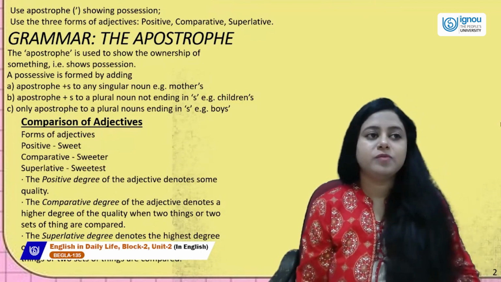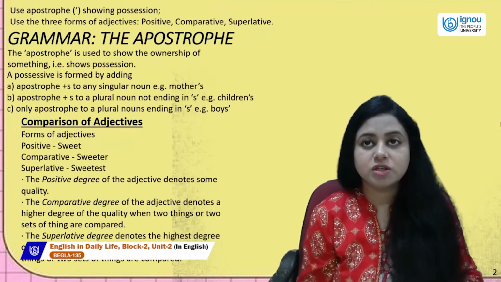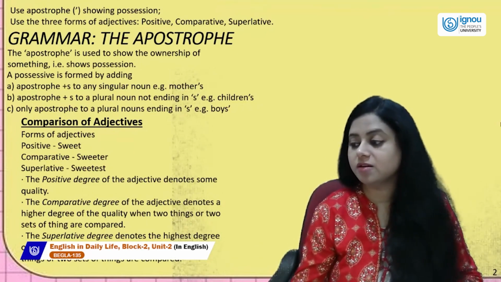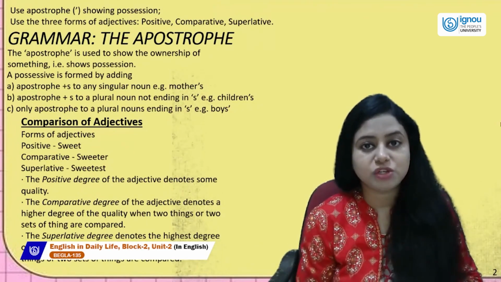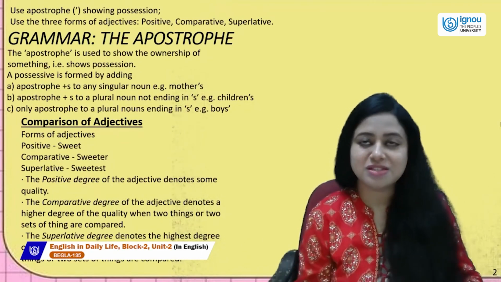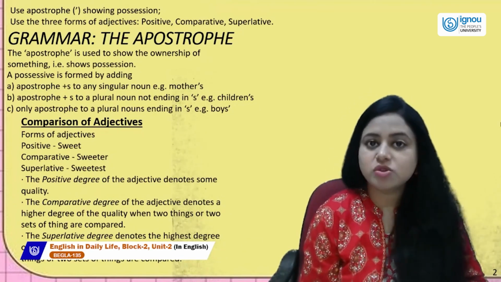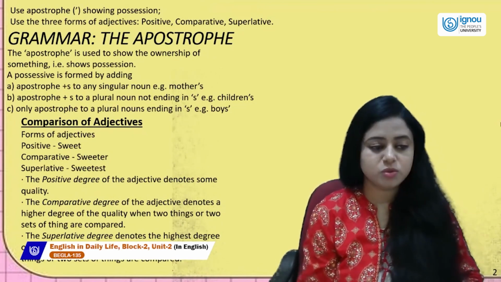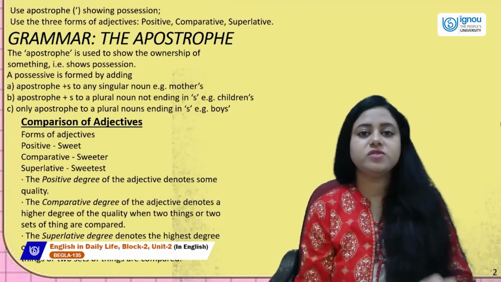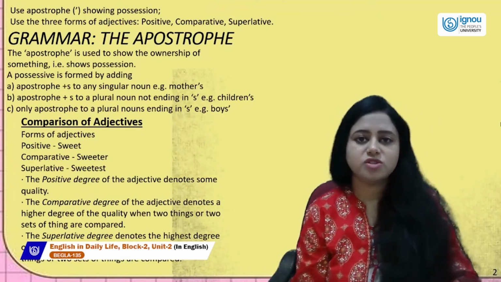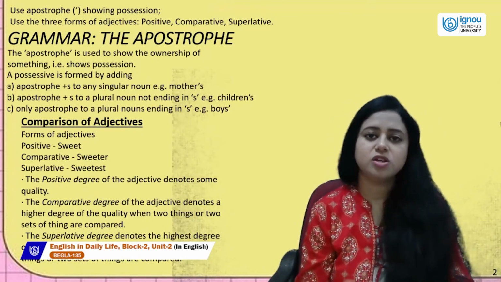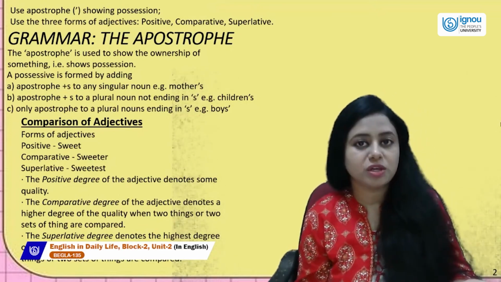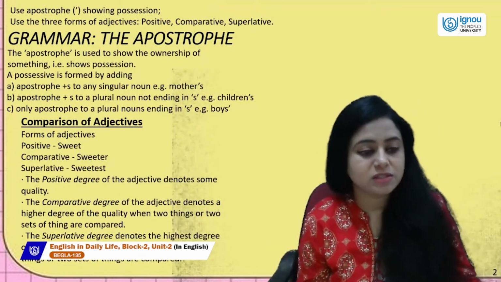The choco fudge is sweeter than the red velvet pastry. So you are comparing two things. This could be applied to other adjectives as well, but we are taking the word sweet here. The positive degree is when you're just mentioning the adjective and it denotes a certain quality. Comparative is when you're comparing two things or two sets of things.